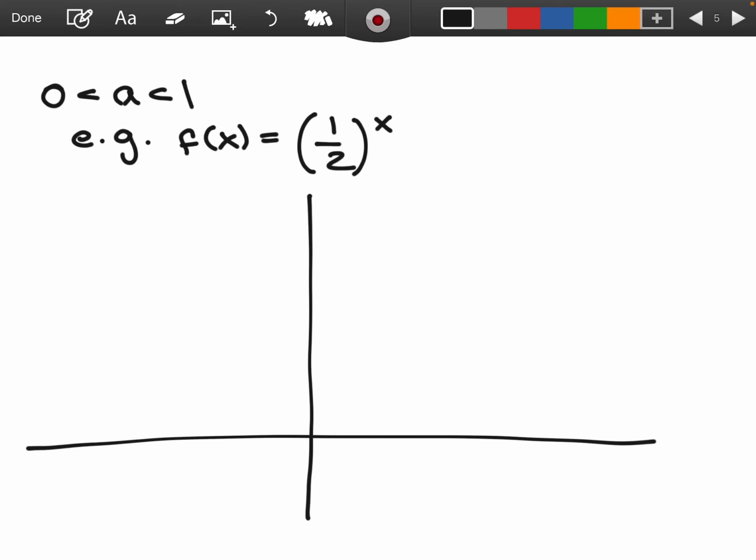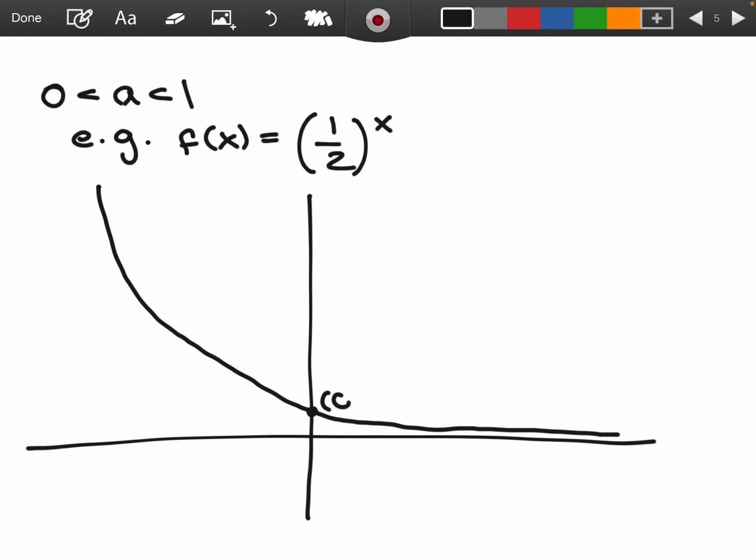So by doing that, I would actually end up with a number greater than 1 to a power going towards infinity, meaning that it gets larger and larger and larger. So as x goes towards negative infinity, my function goes towards infinity.